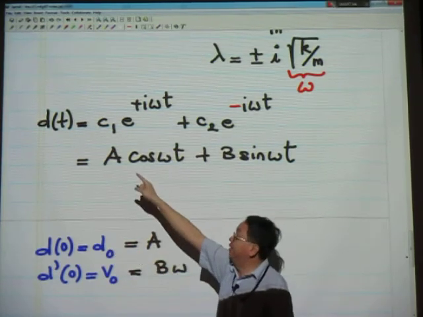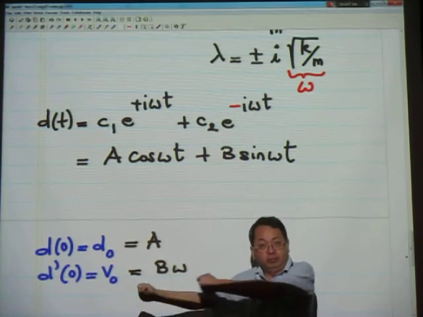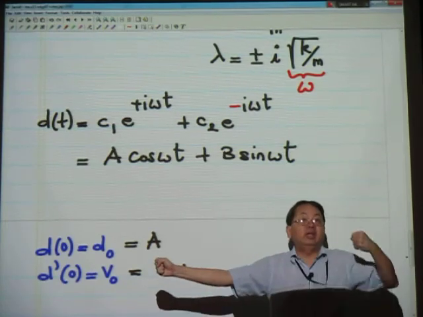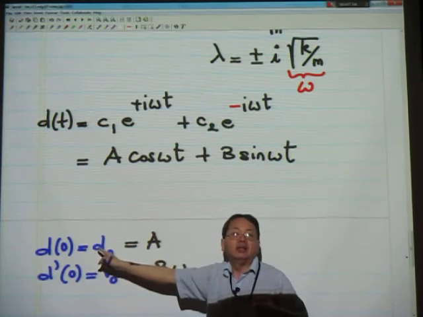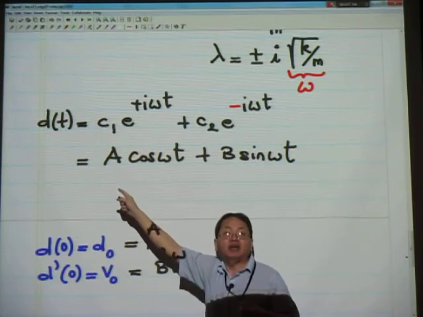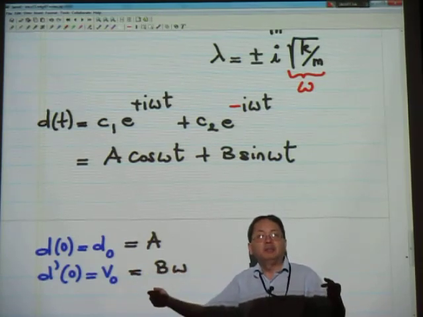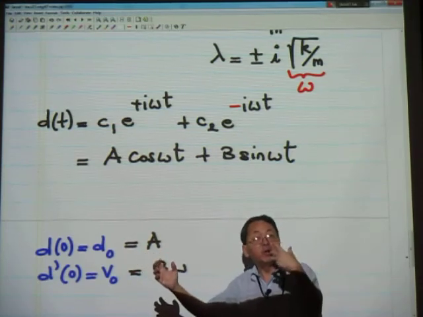So clearly, the velocity will depend on the initial condition. So if you pull out the spring, double the initial displacement of the spring, meaning double d0, the velocity will be affected. So the velocity is also increased by 2, particularly when the mass goes back to the original position.